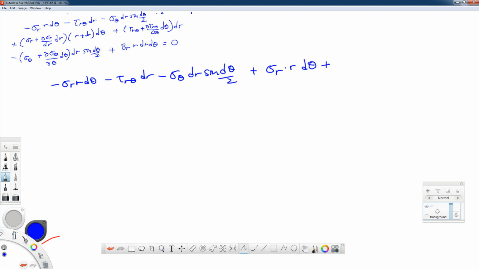We're going to have a partial of sigma r with respect to r, dr times r d theta.